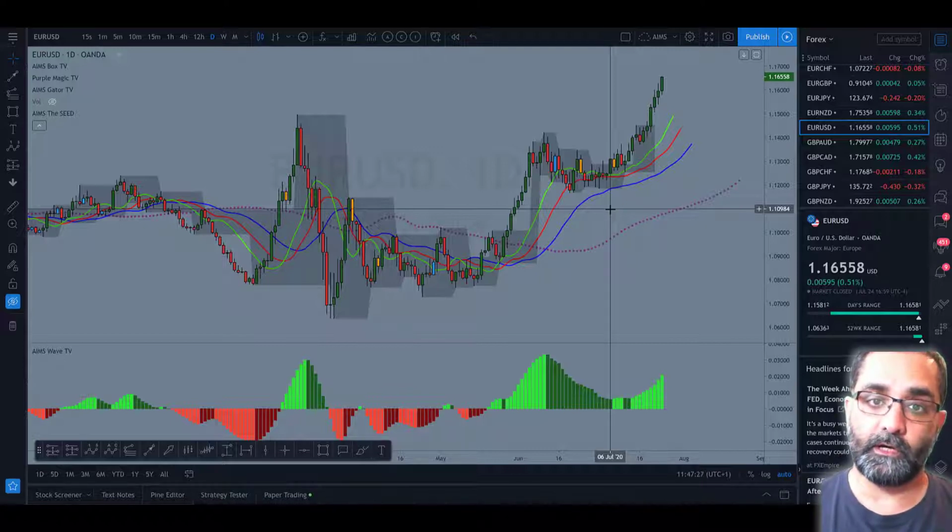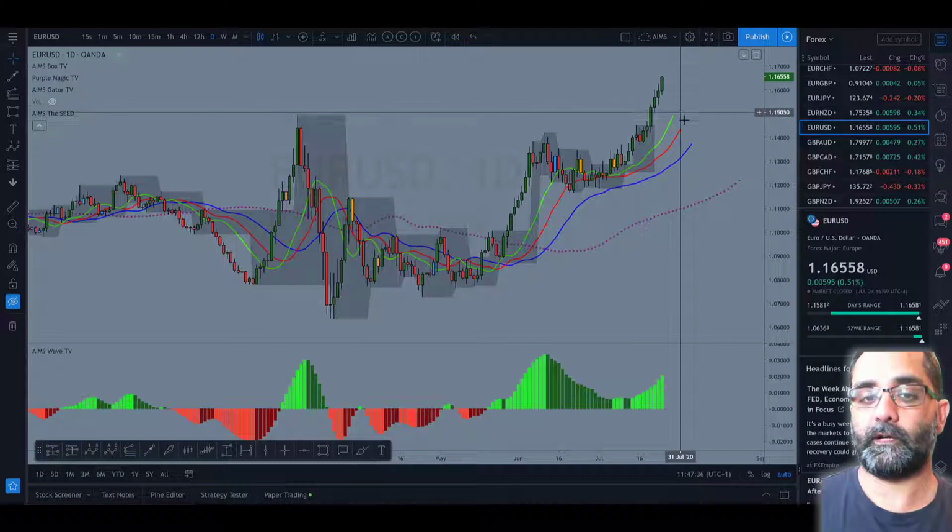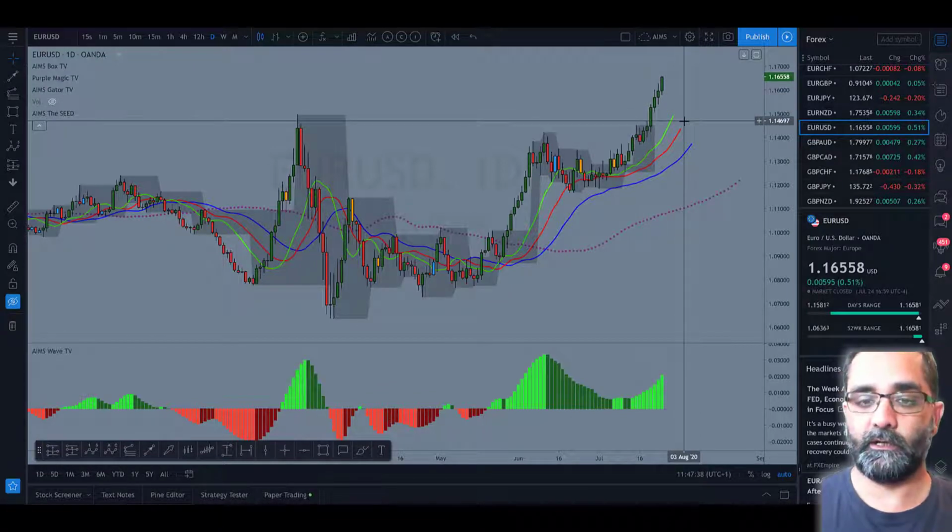So the euro dollar is gaining. It has 1, 2, 3, 4, 5, 6 consecutive green candles, so it is due for a correction. But next week is the end of the month, so probably the market might not move as much, and the next month is August.